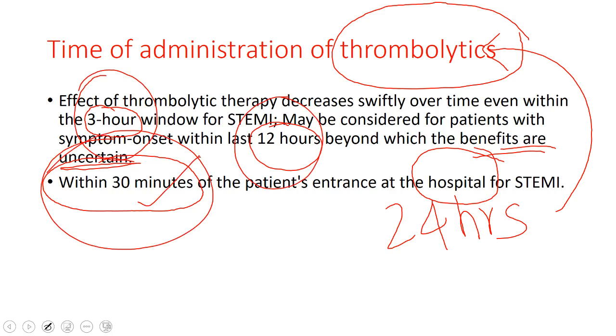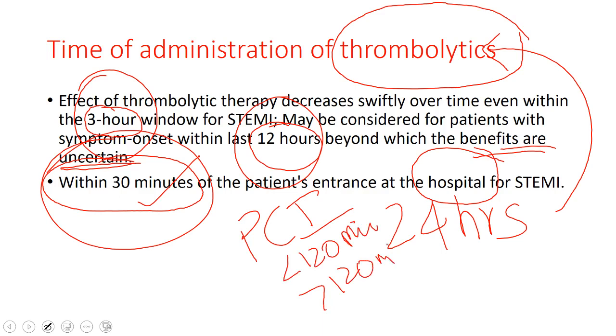In general, best is PCI, and that too within 120 minutes is good. If you expect a delay of 120 minutes or if PCI is not possible, then thrombolytics are administered.